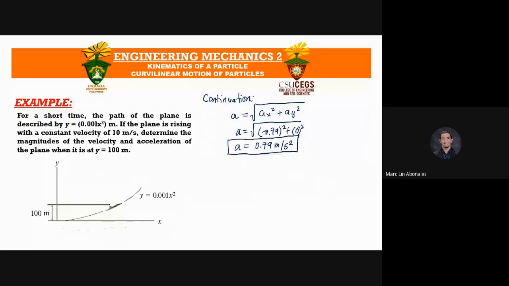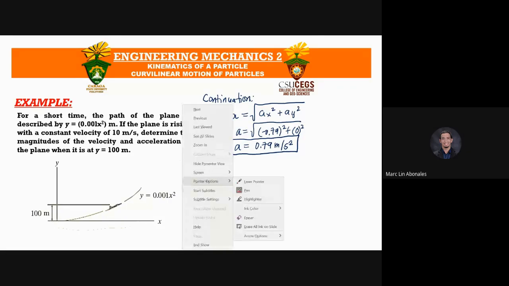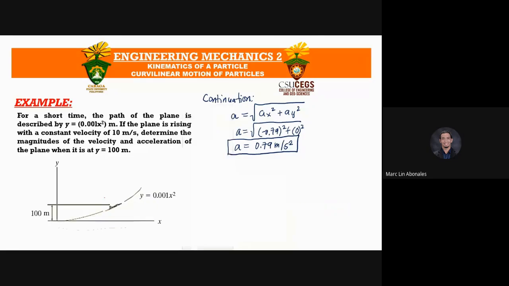If you notice, its value is small, 0.79 meter per second squared. And if we draw the path here, the acceleration A is equal to 0.79 meter per second squared, going to the left side.